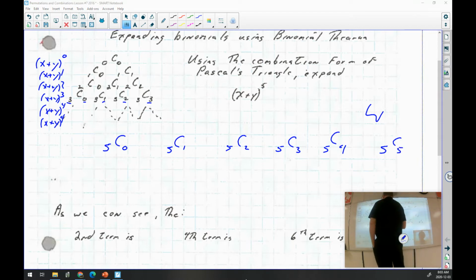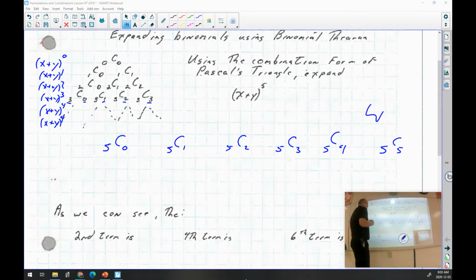Now, what do we know about the first term in any expansion? It's going to be the first term of the expansion raised to the power of 5. So we're going to have x to the 5, y to the 0. Because when we have (x + y) squared, our expansion is x squared plus 2xy plus y squared.